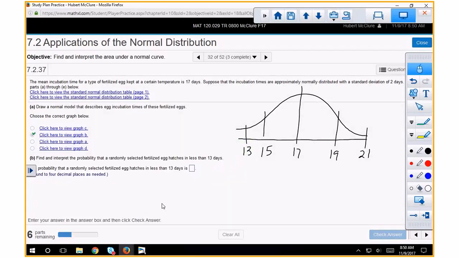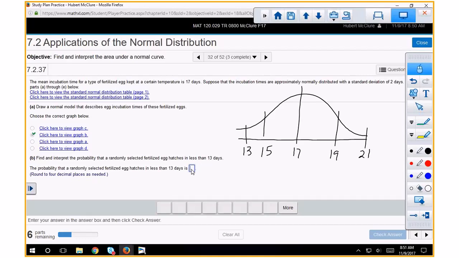All right, 15 other parts of this question, which is stupid. It says, find and interpret the probability in random fertilization that the incubation is less than 13 days. So that's what? 0.0250? That's 2.5%, is it right?